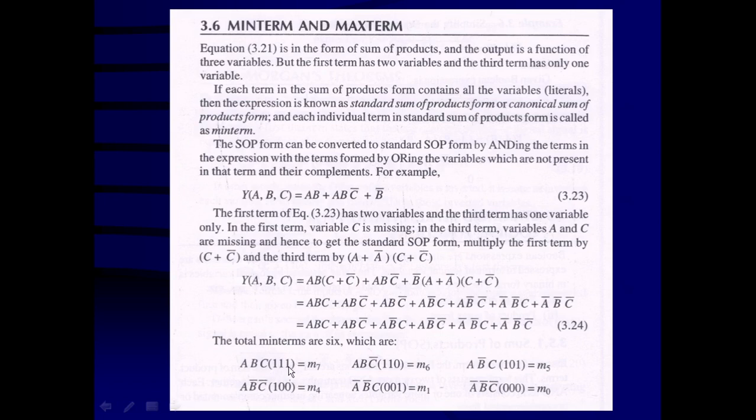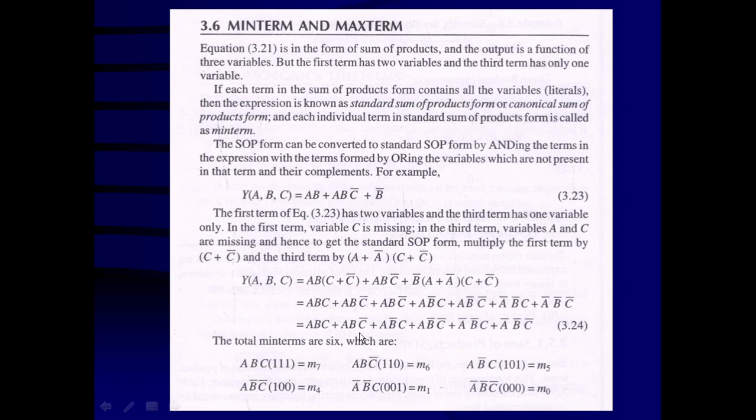You can convert this binary to decimal, that is going to be 7. 4 plus 2 plus 1, that is going to be 7. So this mean term ABC can be represented by small m. Small m stands for mean terms, and the suffix 7 represents that this is going to be mean term M7, or it is designated by M7.